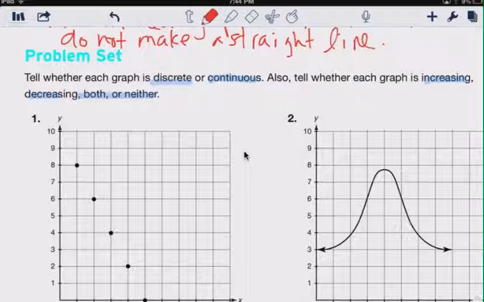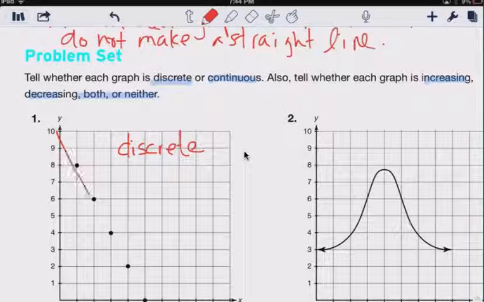Discrete graph. So this is a discrete graph. My students need to know it's discrete, and from left to right, it is decreasing. We don't connect these dots though, but just those dots to show you. Discrete graph, and it is decreasing.